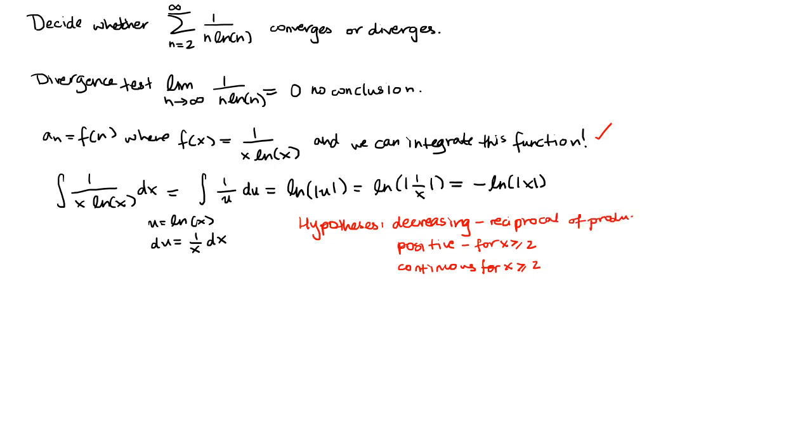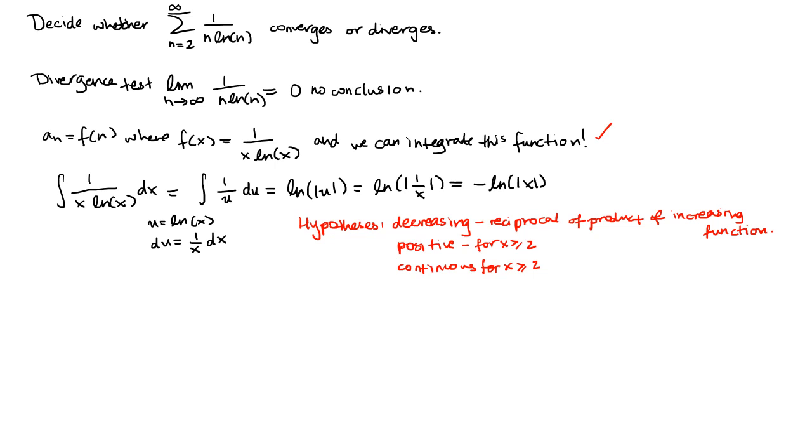So increasing functions multiplied together are increasing. When we take the reciprocal, we get something decreasing. We could also take the derivative, and I encourage you to do that if you're not sure why this is a decreasing function. Okay, so that means that we satisfy the hypotheses of the integral test.